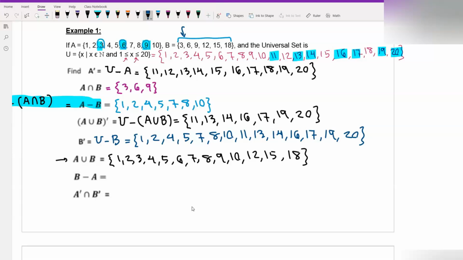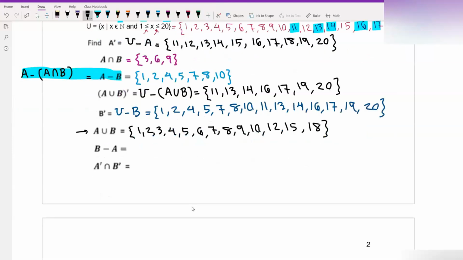Next one is B minus A. So here again, if it's hard to find the answer, we can write this way. And this one is actually equal to B minus A intersection B. Or we can write B intersection A. It doesn't matter which one goes first.